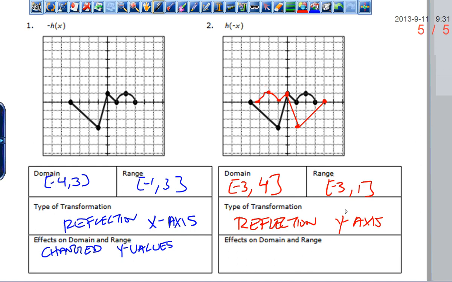The effects on the domain and range, it changed the x values, yeah, it changed the domain. Right, we're finding the domain and range of the new one every single time. We already did our old one.